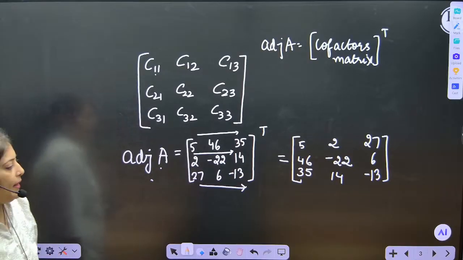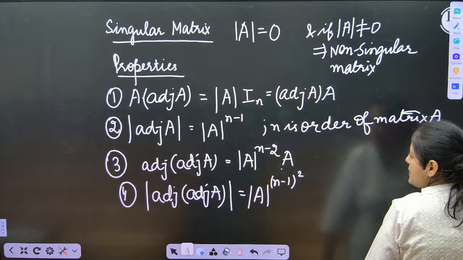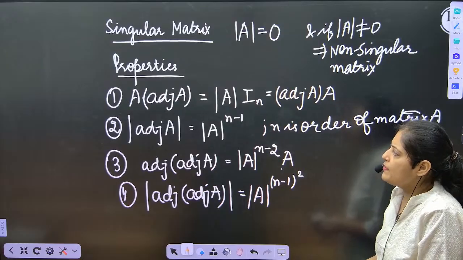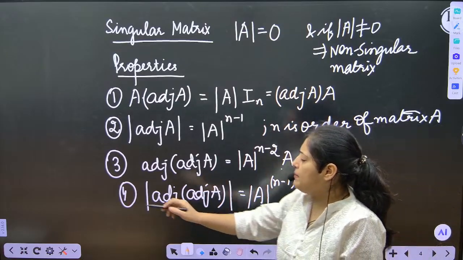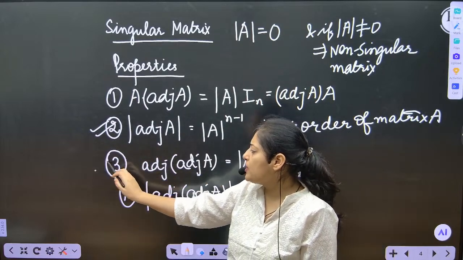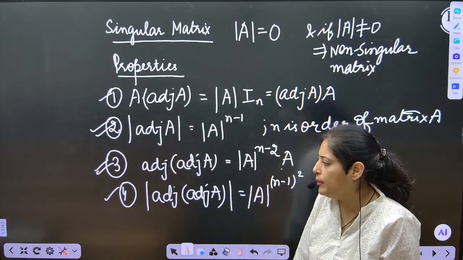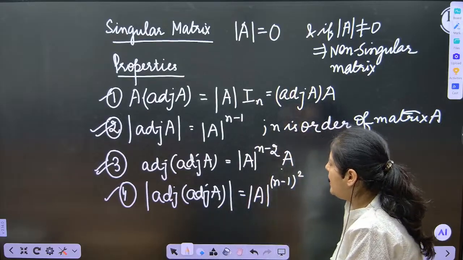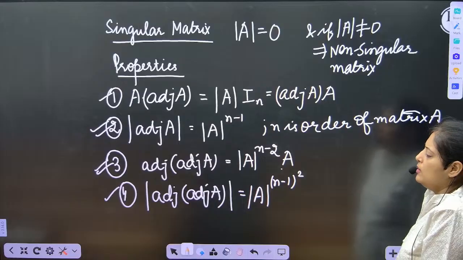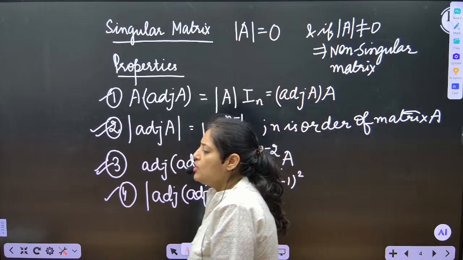Okay. And then we did a few properties. These are very important. Sometimes a question comes directly, like for this also, for this also. These are all important ones, that's why I've written them on the board. All are important. Direct questions come, or this concept will be applicable somewhere.